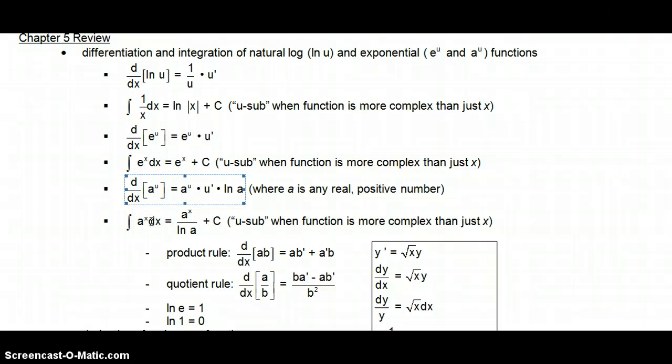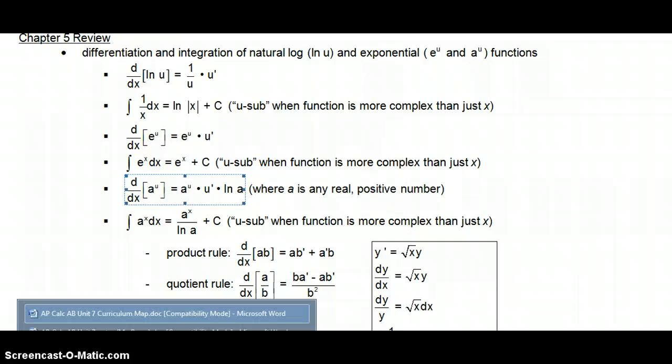The only difference is, in this rule, our base is e. In this rule, our base can be any real positive number. Now, e is a real positive number, and you can use this rule to take the derivative of e to the u power. What would that look like? Well, let's go back to our notes here.